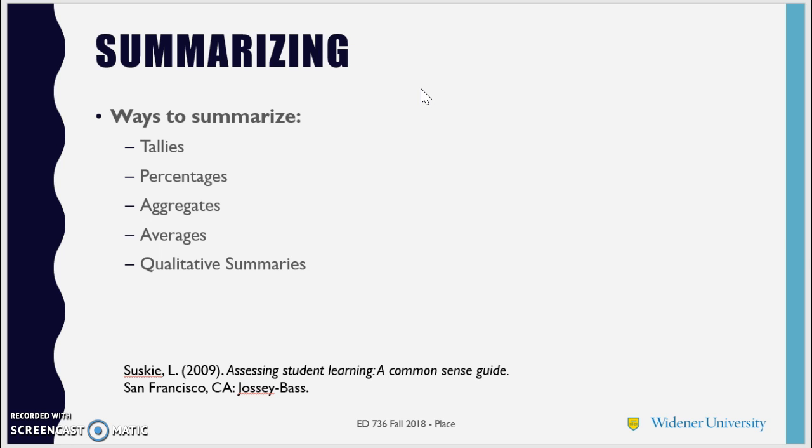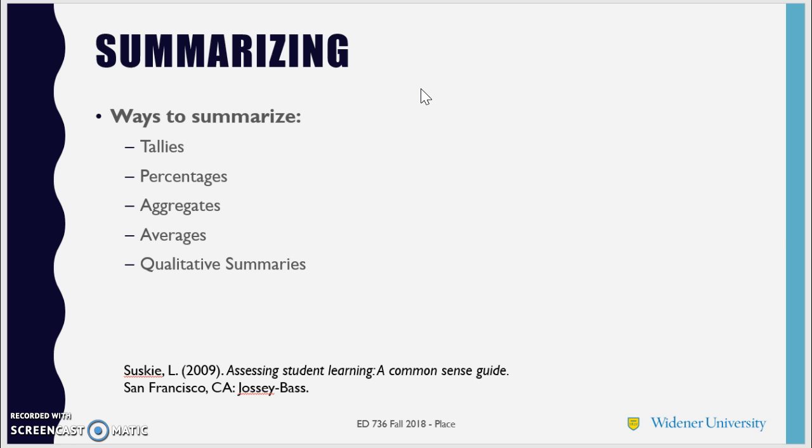You might want to look at a larger number of students. You might want to compare across different classes. And you would use percentages to look at assessments with multiple measures as well. Aggregates means that you might be using multiple measures, or you might want to take, for example, we have at Widener a writing sample for our undergraduate population.